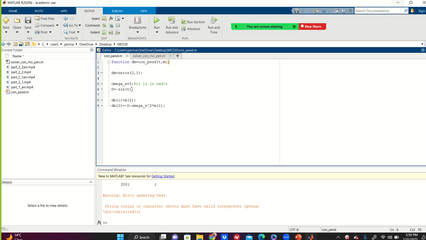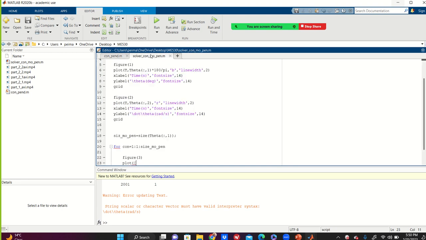What was the base motion? Sine of t or minus sine of t? Not here, not in the code, in the notes. Oh, okay, sine of theta.